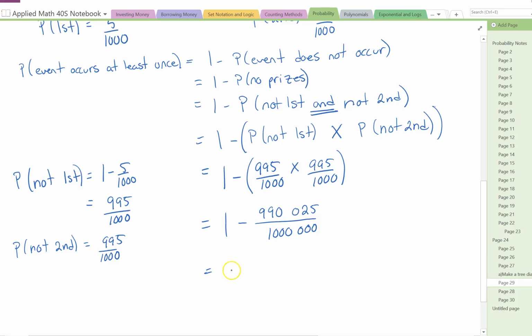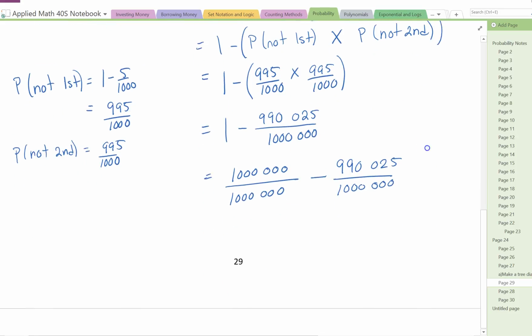So that would be the same as saying 1 million over 1 million. I have an extra 0 here. Minus, just because you need the common denominator. It's kind of messy just because the numbers are big, but the process is the same.